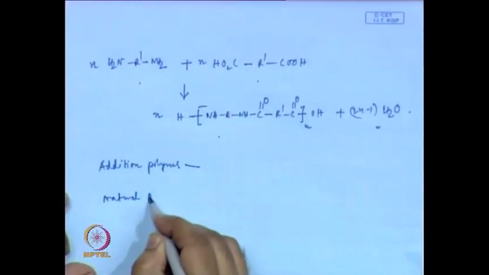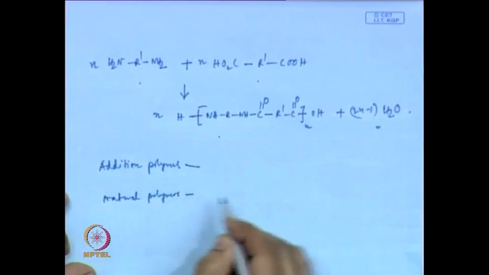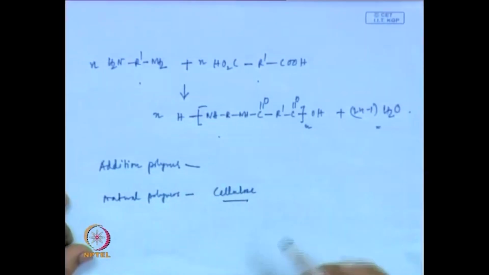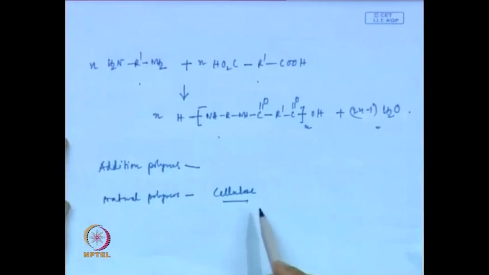Now, these natural polymers, say like cellulose, how do you define which class they belong to, whether addition polymers or condensation polymers, because they are not synthesized in the lab. So, we do not know the monomers from which, or the type of reaction, condensation or addition, by which they are synthesized.